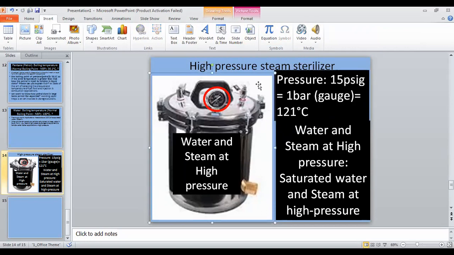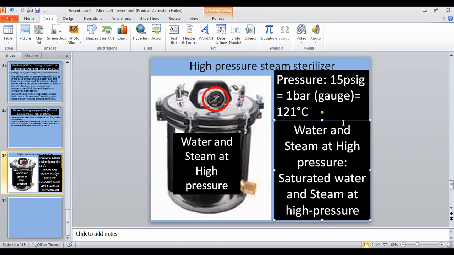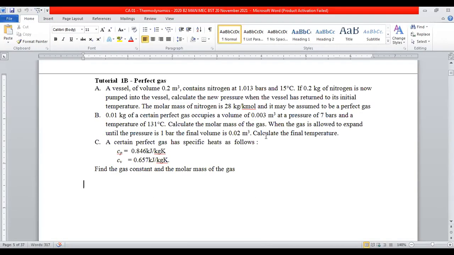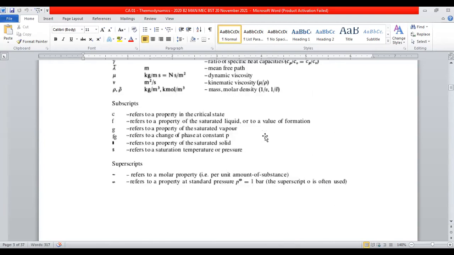Okay, around 120s. So now, what I'm going to look into is, a bit noisy. Your continuous assessment, I will go to the steam table.